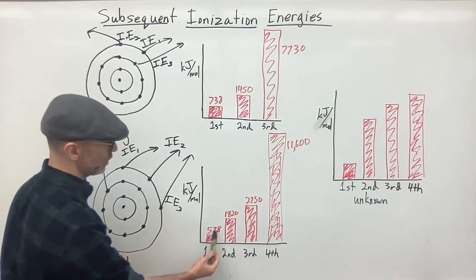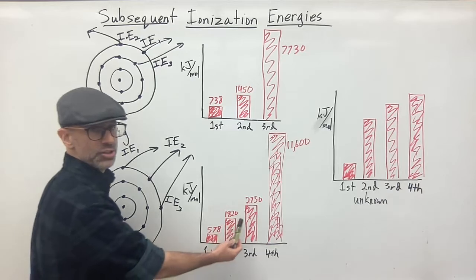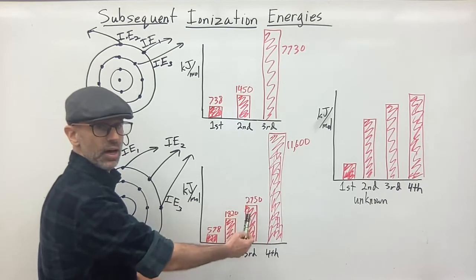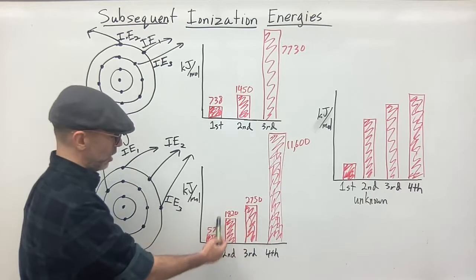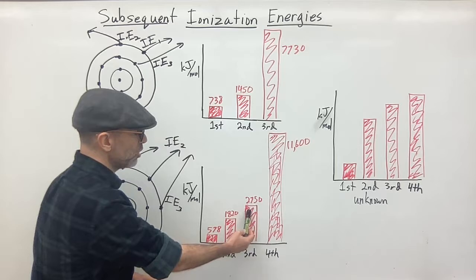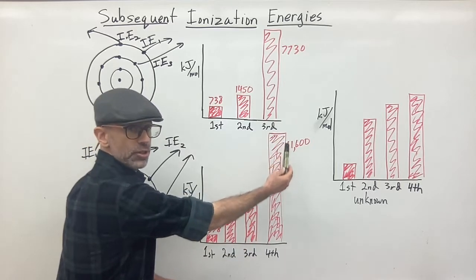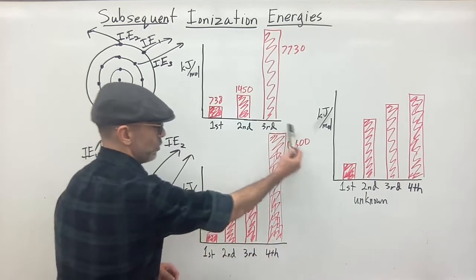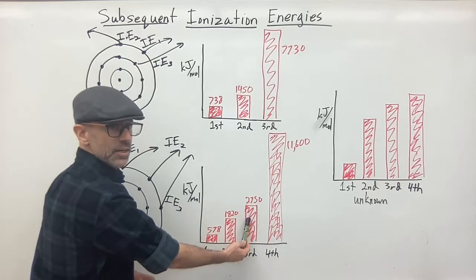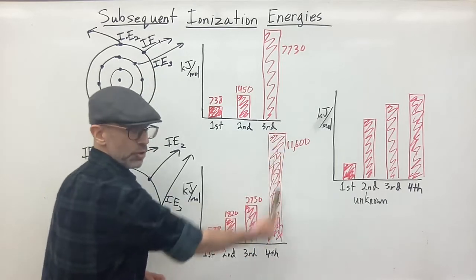So when you're removing valence electrons, the energy in subsequent removals doesn't go up very much compared to when you remove your first core electron. So it's a very huge difference between your last valence electron and your first core electron.